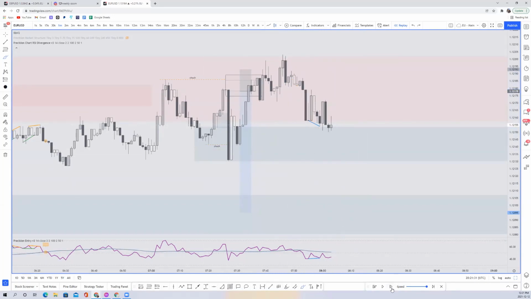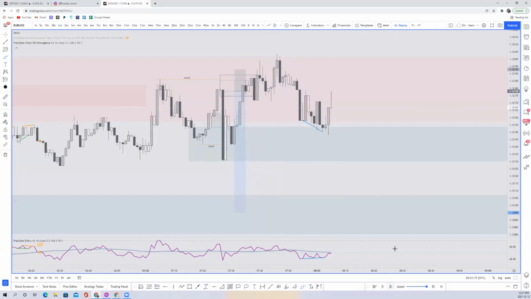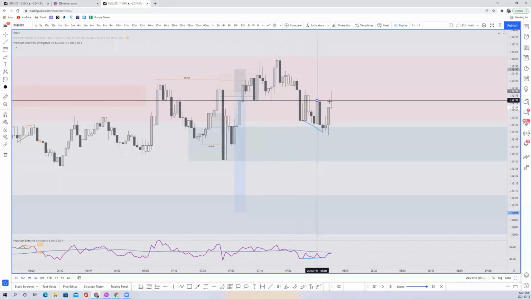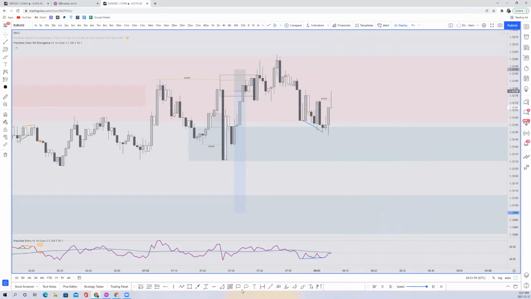We still want to see a chalk and flip. And if you're never sure, you could always wait for a second. So right there, you did. So you're respecting this 15 demand zone right now. And we'll go chalk top.